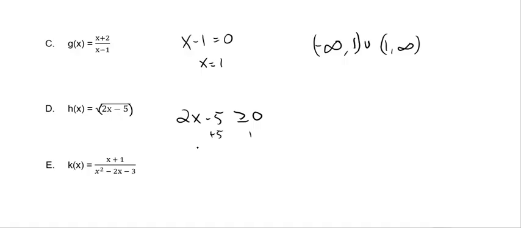So if I solve that, I get 2x is greater than or equal to 5, which means x is greater than or equal to 5 halves. It's a fraction, but no worries. Some of you might be tempted to write that as 2.5, but we like improper fractions, so you can just leave it like that. That's the exact value. We start at 5 halves and we go to infinity. Everything greater than or equal to 5 halves.